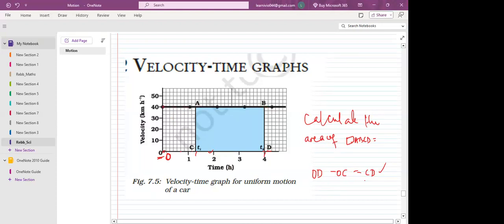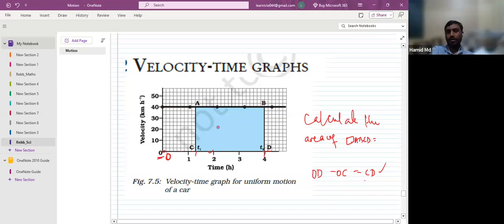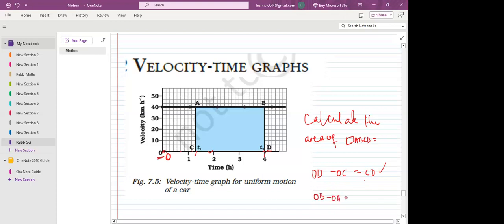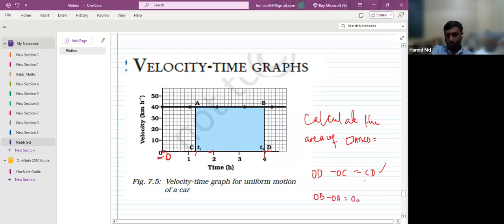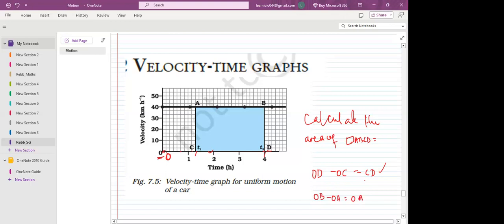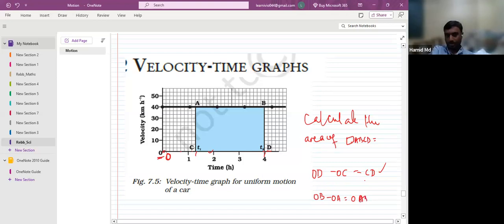Do you think OB minus OA is equal to OC? No, OC is equal to AB. Just AB, and CD is the same.